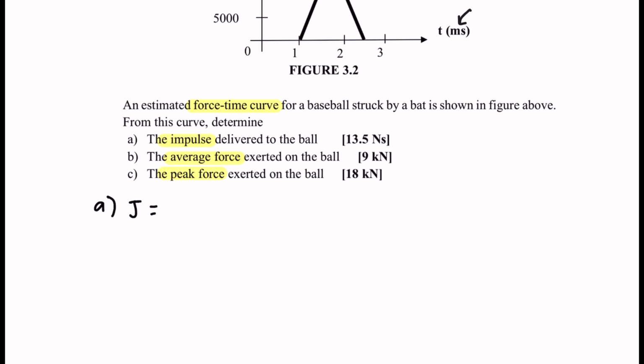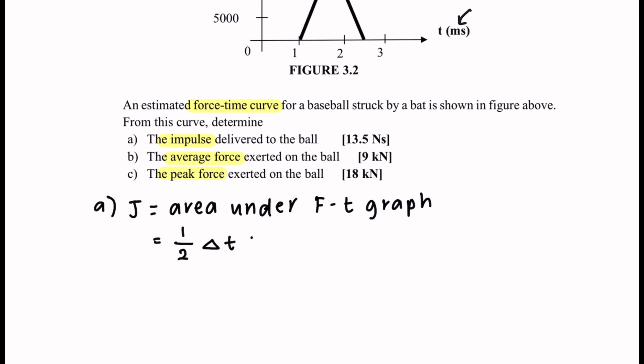J equals area under the F-T graph, which is 1/2 times time taken times force. 1/2, what was the time taken again? 1.5 times 10 negative 3 and 18,000.